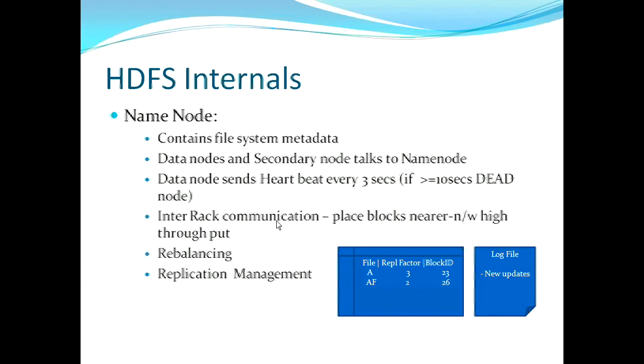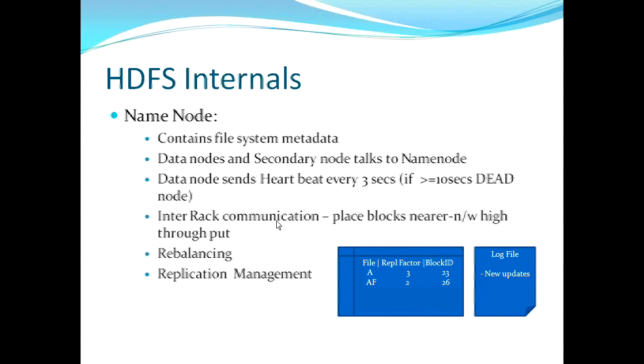It also has two important things: rebalancing and replication management. Rebalancing is like this: suppose the disk got filled up and we need to add more clusters. How do we do it? We add a cluster, then we need to balance across all nodes again. We need to distribute the data to all clusters again.